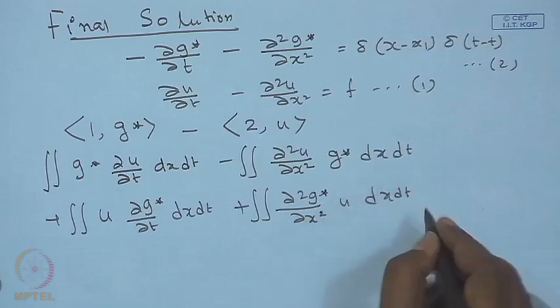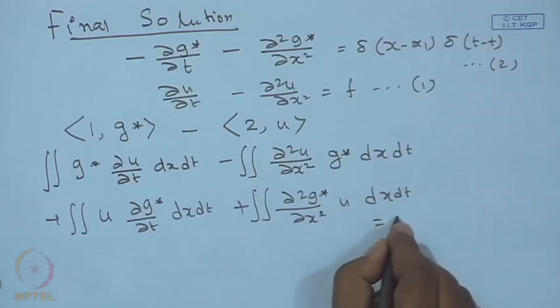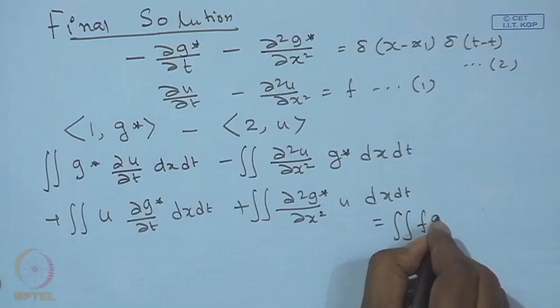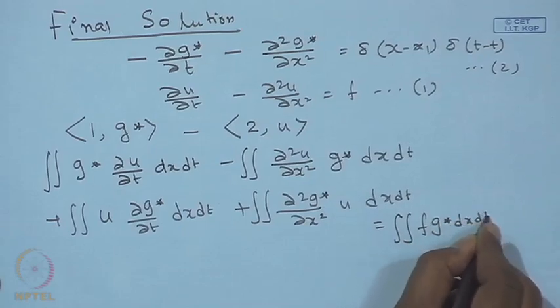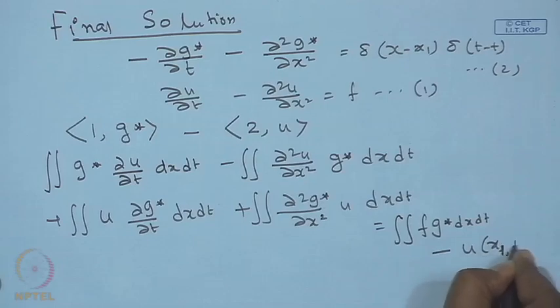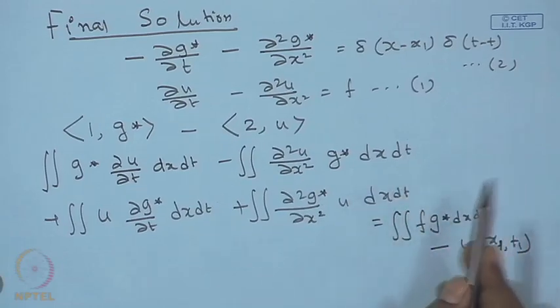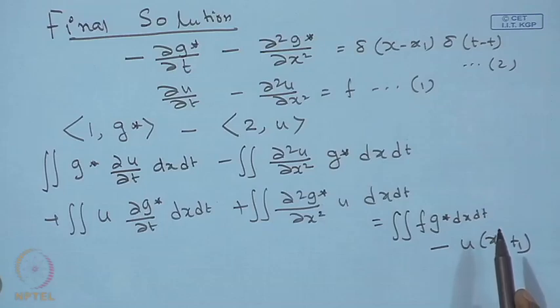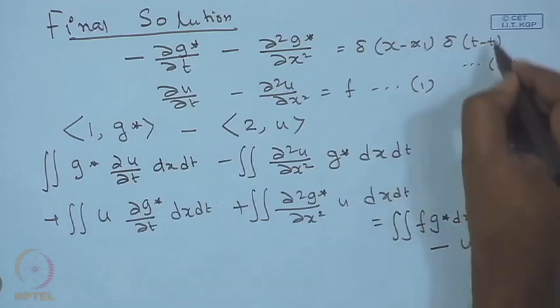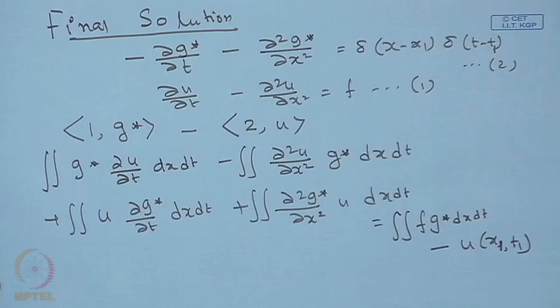On the right hand side, you will be having the double integral of f g star dx dt minus the integral of u delta(x minus x1) delta(t minus t1) dx dt. So, it will be u of x1 t1. So, therefore, what we will be getting is this equation.